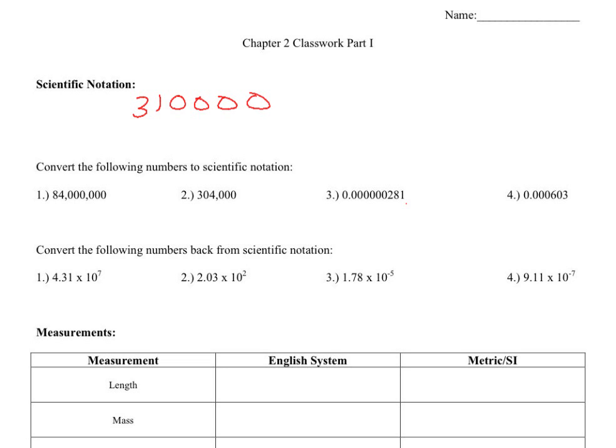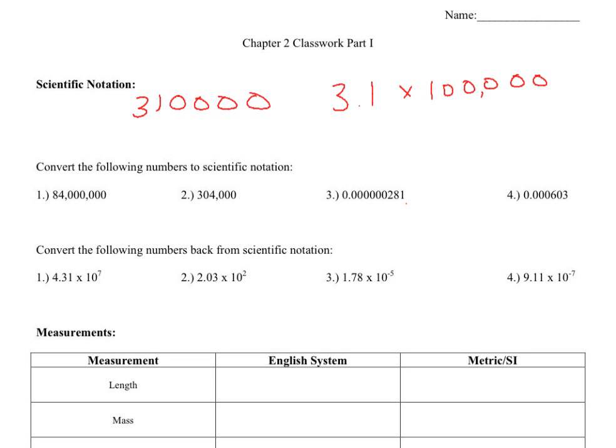310,000. So scientific notation, generally how that looks is we're going to have the first one integer with a decimal point and the rest of the numbers that follow that are integers, 3.1. So 310,000 is the same thing as 3.1 times 100,000.